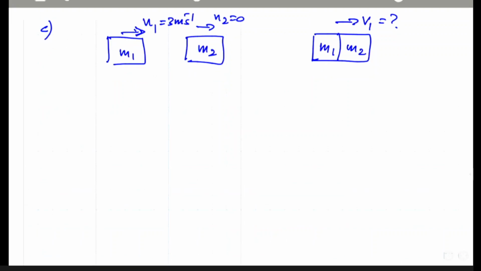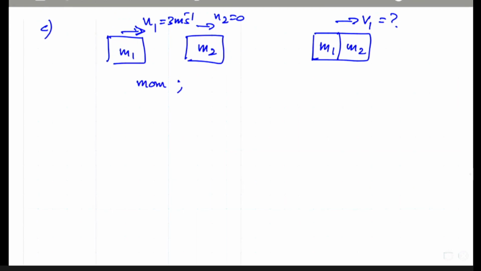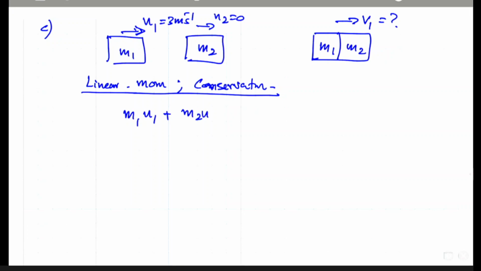So what you can do now, you can use momentum conservation. So this is called linear momentum conservation, okay? In this you can write M1 U1 plus M2 U2 is equal to M1 plus M2 times V1.